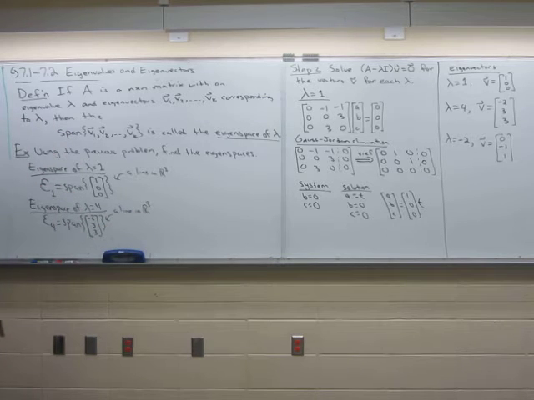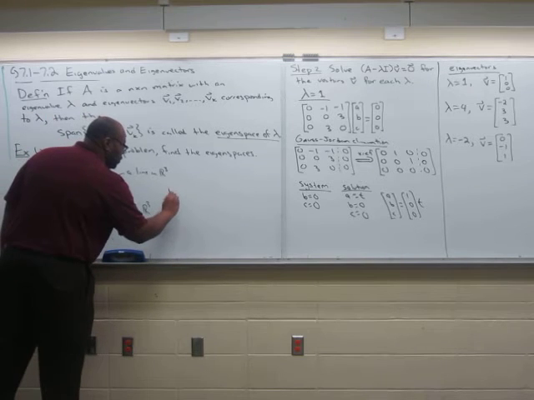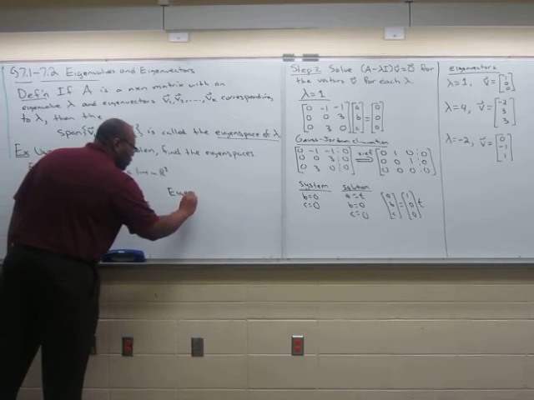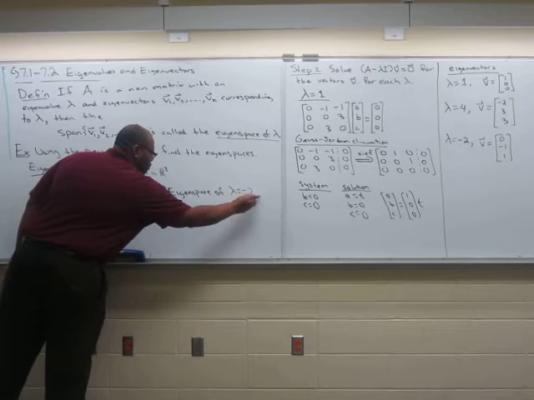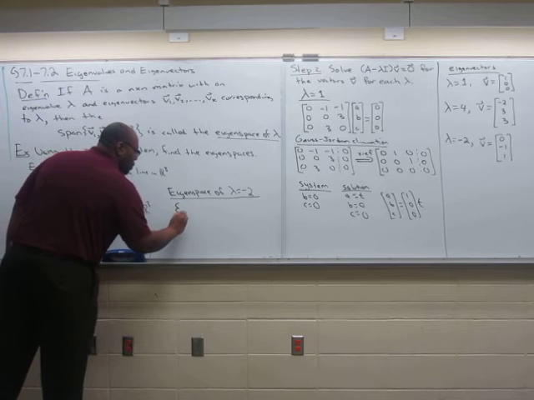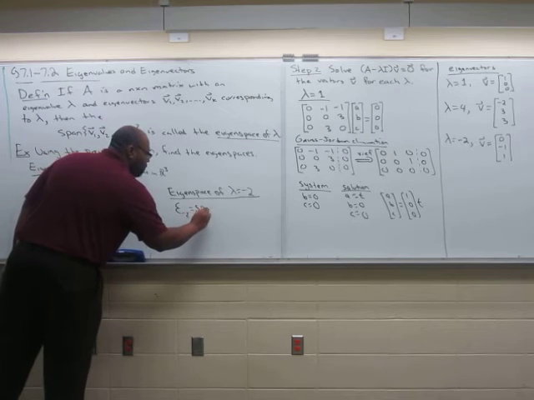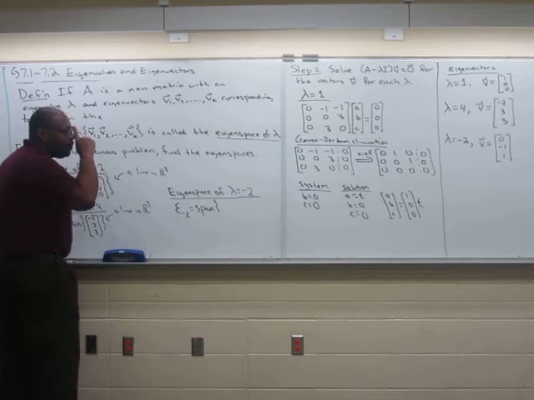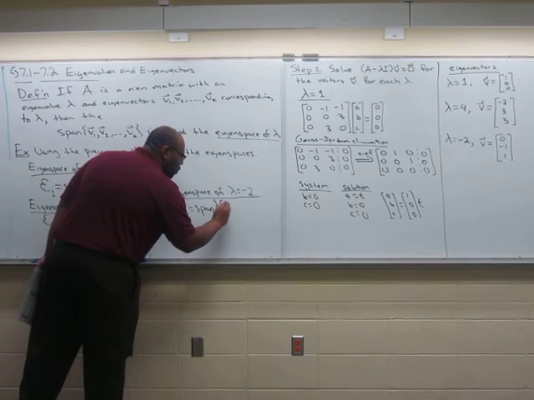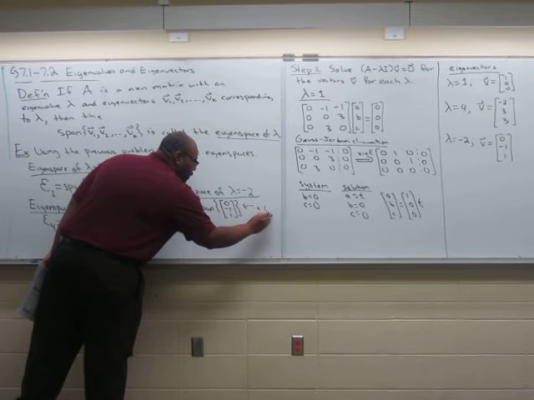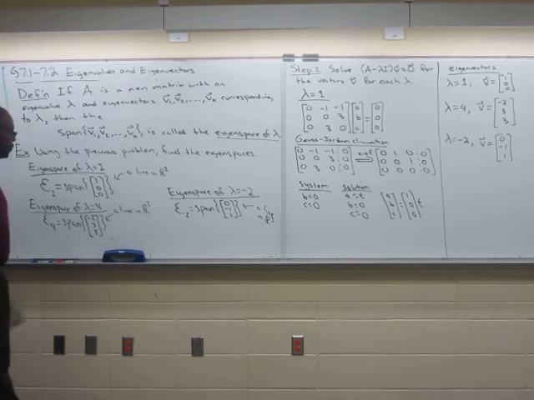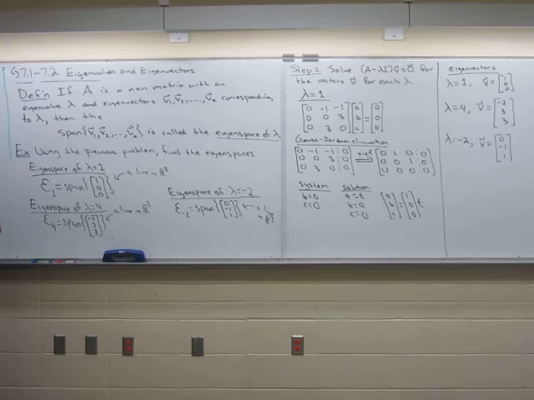And the eigenspace of lambda equal to negative 2 is going to be the span of my one single eigenvector there, which is 0, negative 1, 1, which is also a line in R3. So these are our eigenspaces.